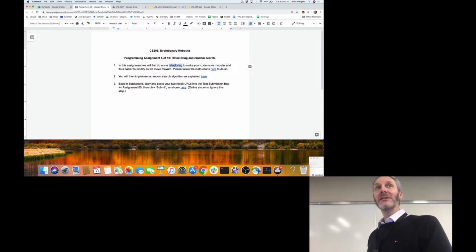Most of you have already had the experience that if you start to work on a piece of code, the longer and longer it gets, the harder and harder it becomes to add new functionality to it, right? So a little bit of housekeeping this week. The main thing you're going to be doing during this refactoring process is adding some classes and class instances to your code, making it more object-oriented.